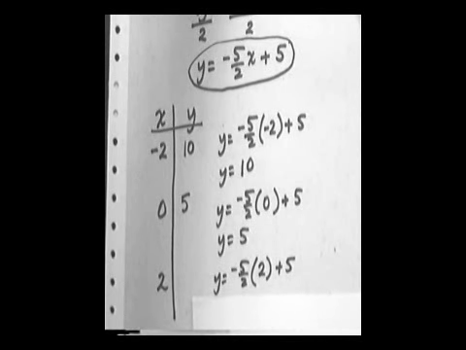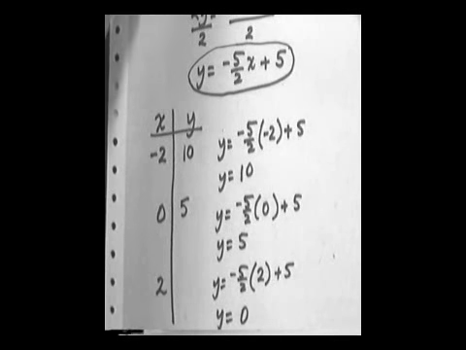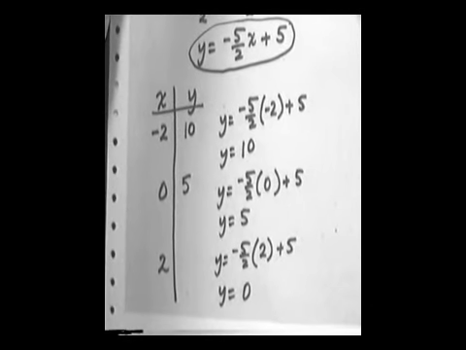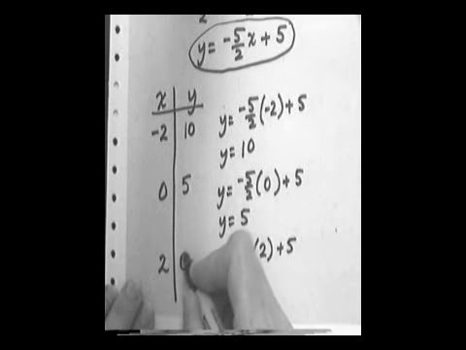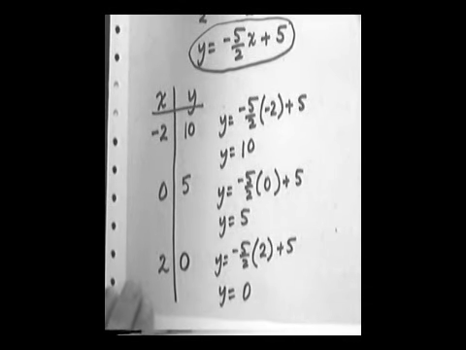And we have y equals -5/2 times 2 plus 5. -5/2 times 2 is -10 over 2, which is -5. -5 plus 5 is 0. And so our three ordered pairs are -2, 10; 0, 5; and 2, 0.